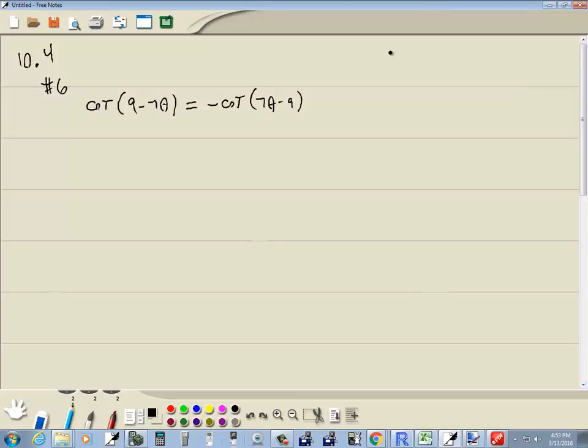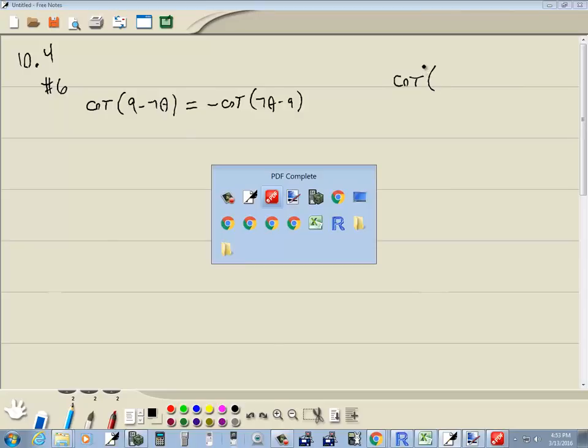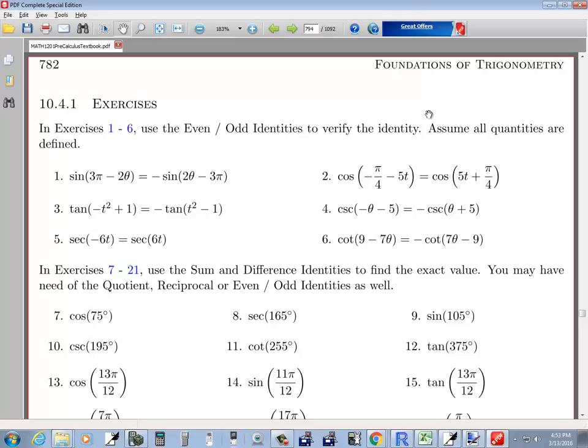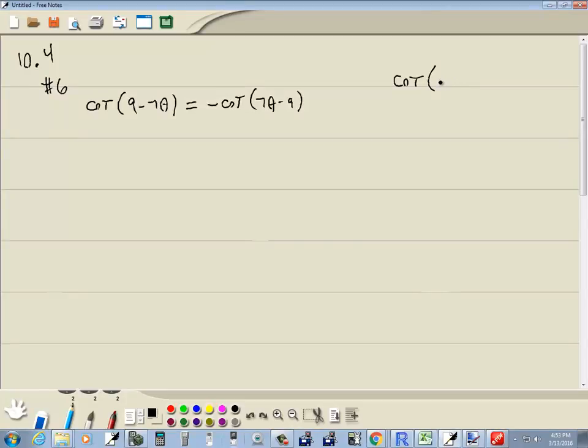Now this goes back just to the definition. The odd property, or odd identity, says if you got cotangent of negative an angle, then you can rewrite that as negative cotangent of the angle. So you can take the negative and put it on the outside.